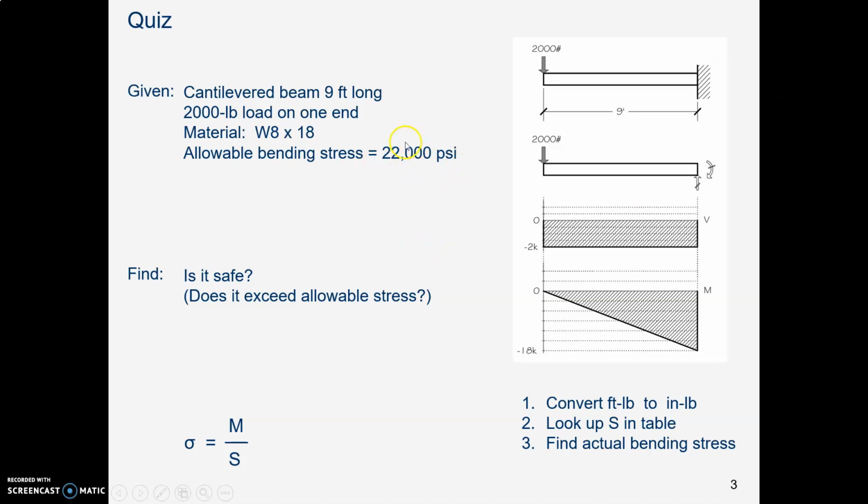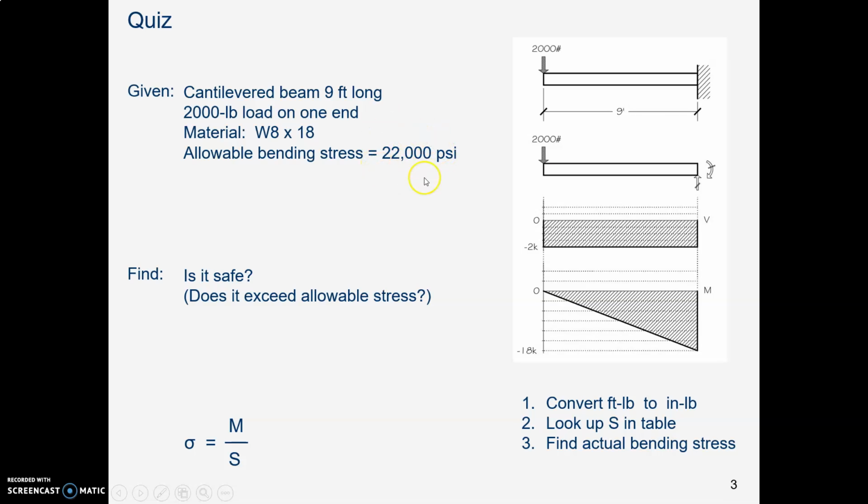If you think back to when we talked about factor of safety, you might recall that this is a very standard allowable stress number from AISC. So sometimes AISC, to be more precise, will say 21,600, and sometimes, just rounding off, AISC will say 22,000.